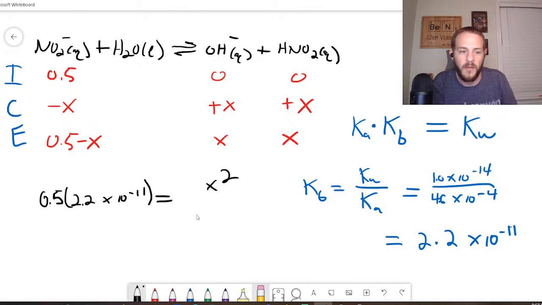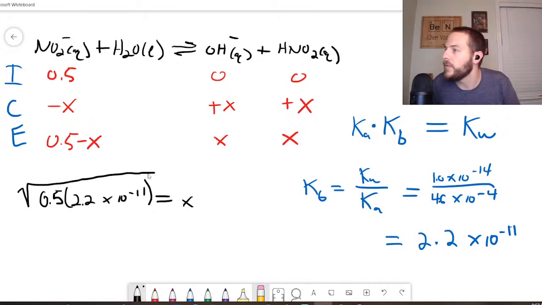All I did was multiply both sides of the equation by 0.5. So X squared equals this product right here. And then to solve for X, all I need to do is take the square root of that. So this is the expression here: the square root of the product of 0.5 and 2.2 times 10 to the minus 11. That's what X is equal to.